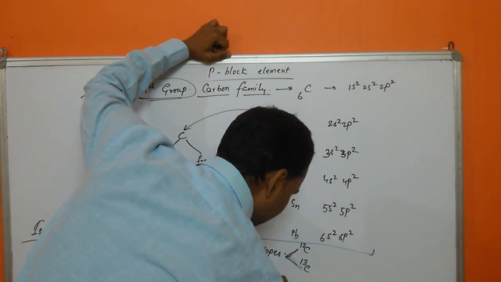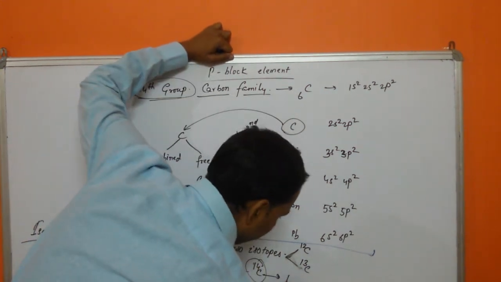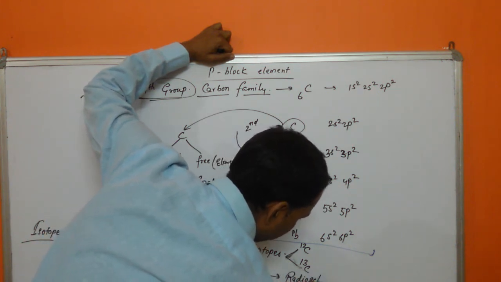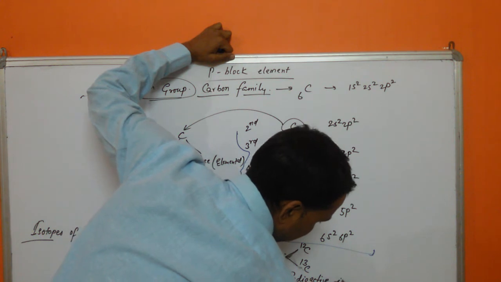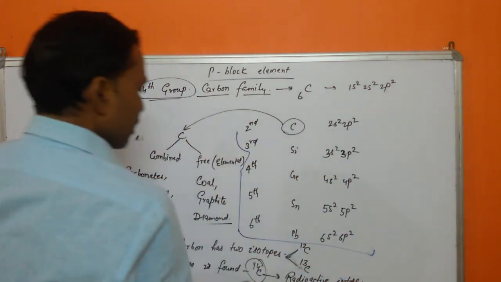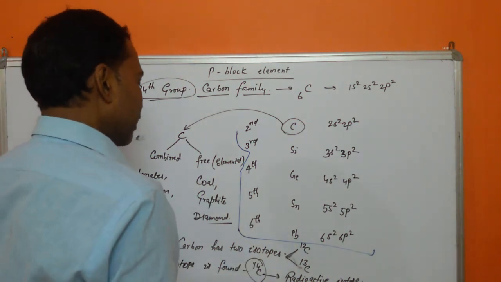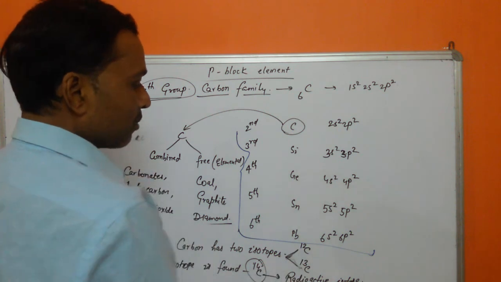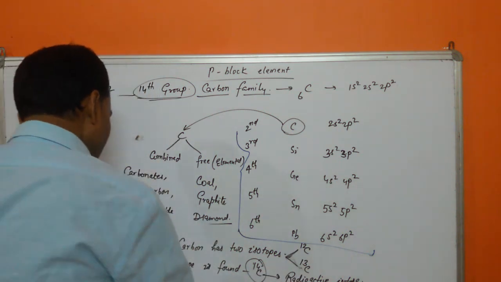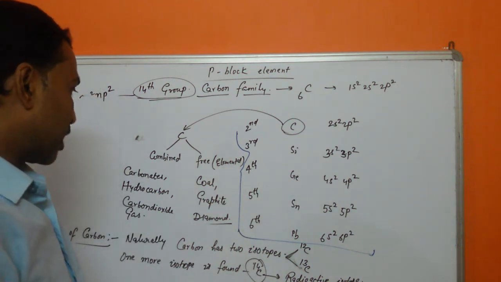It has radioactive characteristics: C14 is the radioactive isotope of carbon, whereas carbon 12 and carbon 13 are found naturally as isotopes of carbon.